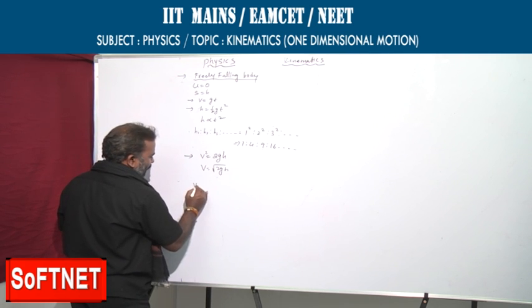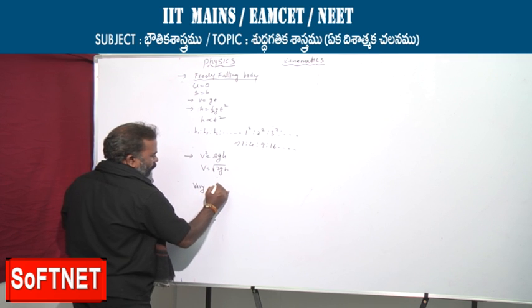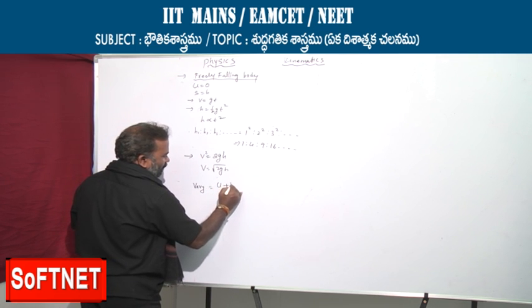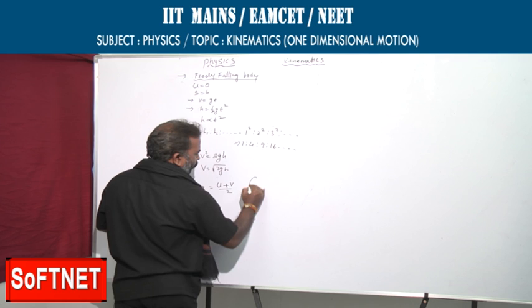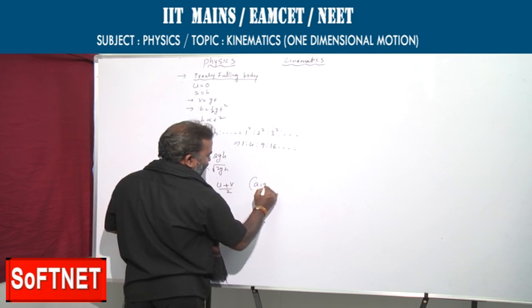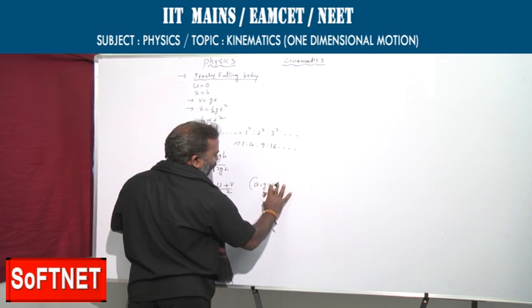If you want to calculate average velocity, you can take initial velocity plus final velocity by 2 when acceleration is uniform.